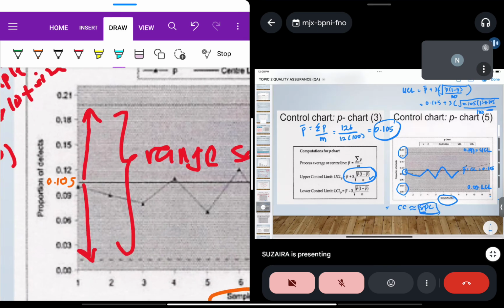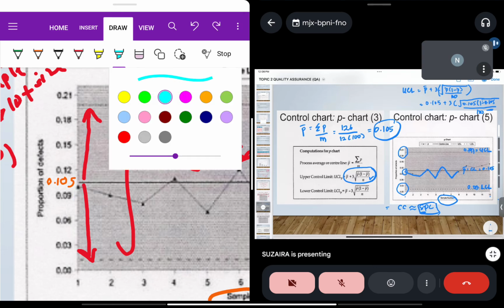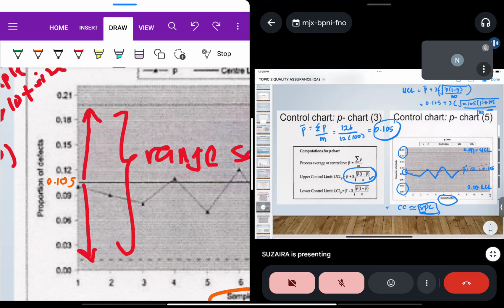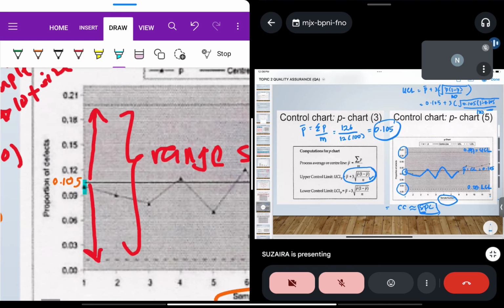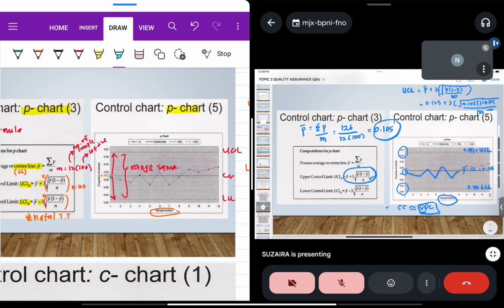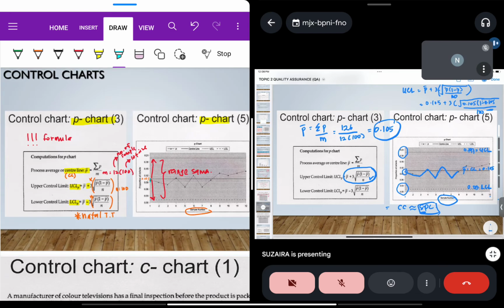This one is more towards the automatic one. In industries, we are not going to spend our time developing the control chart. In terms of measuring the weight or any variables of the products, we already have software.